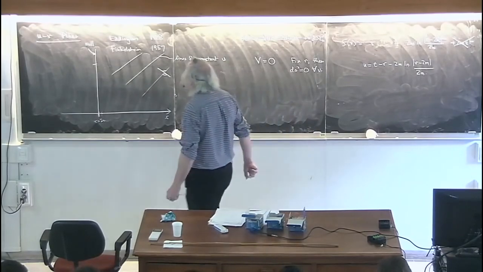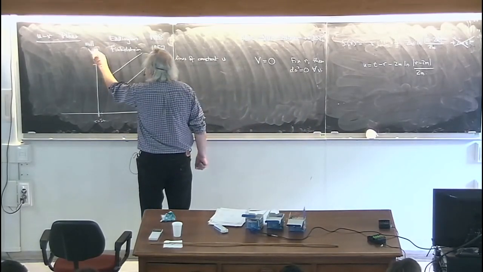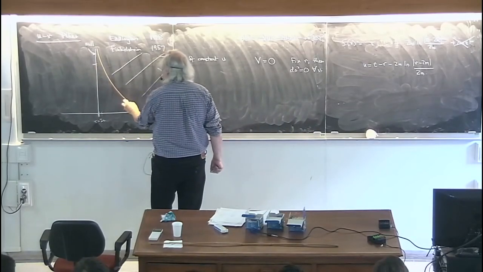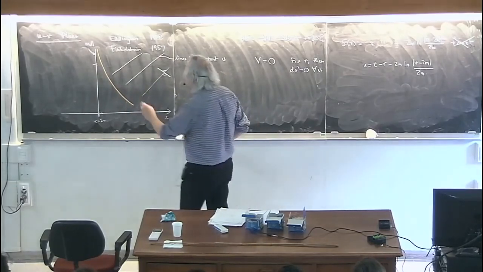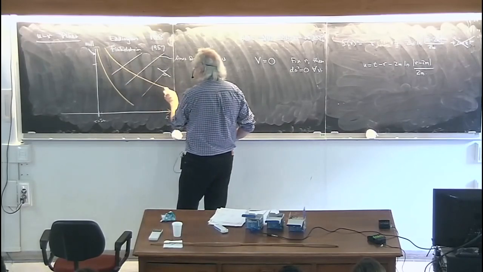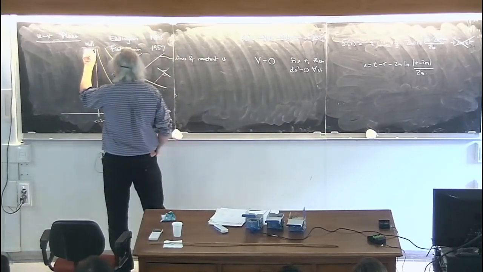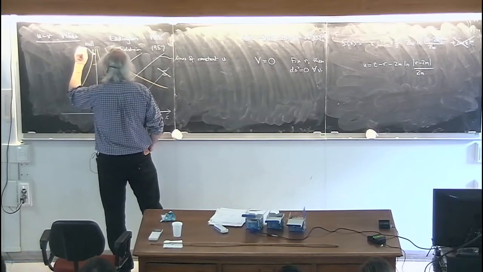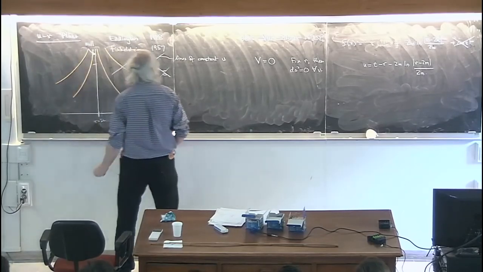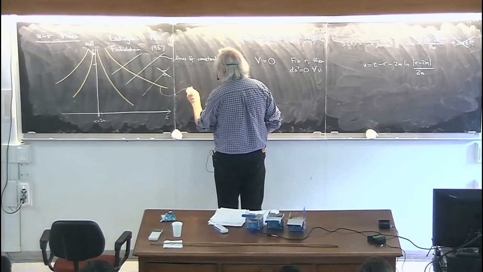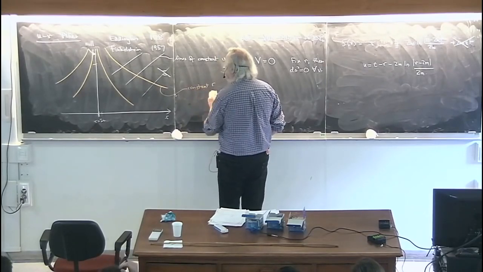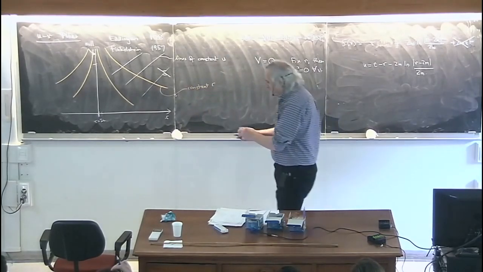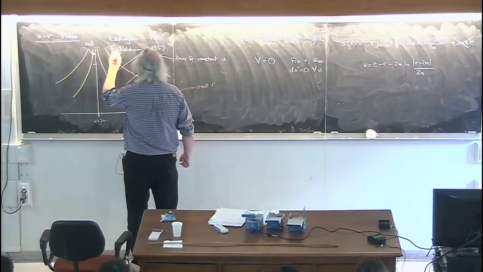So lines of constant r are going to look something like this. Let's put a bit more of these white lines in here, more u equals constant.